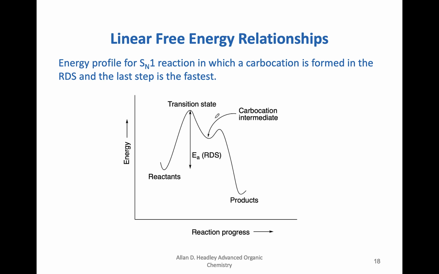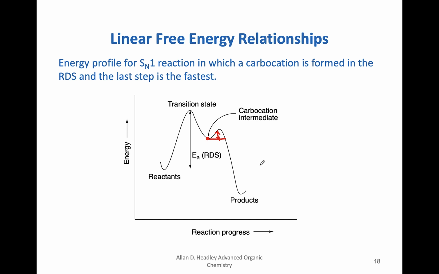Okay, so this gives you a reaction profile for the SN1. So this is the transition state for the carbocation here. And of course, we have the slow step because this is very large. And this is the fast step here because this energy of activation is small, going from carbocation to product.